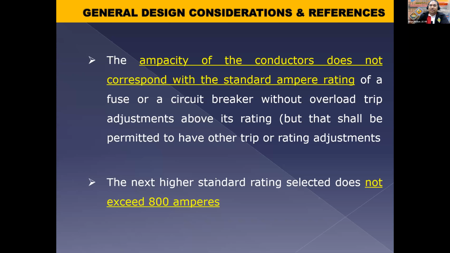If your rating doesn't match, like I said earlier, the capacity of your computed conductors is 850 amperes. Since this is beyond 800 amperes, you should use the next lower standard rating if you want to maintain the capacity of your conductors. You can no longer use the next higher, 1,000 amperes, because that is a big discrepancy between the protection capability of your circuit breaker versus the ampacity. If there is an overload, your cable can be damaged if you use the next higher standard rating. So it should be the next lower standard rating, and if it doesn't cause noise and stripping, then that's okay. If it causes noise and stripping, then you have no choice, you upsize.